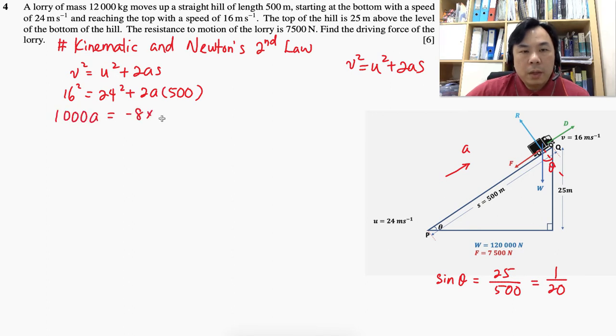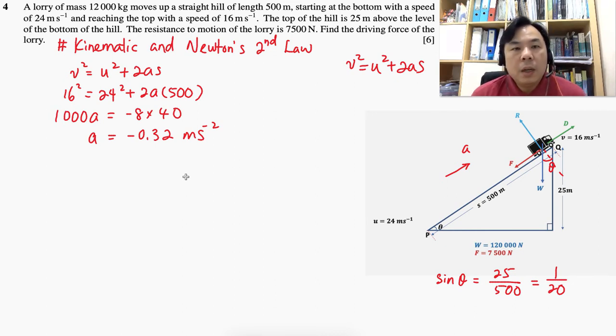I get by 40. Okay. So therefore, my acceleration in this case is negative 0.32 meter per second square. All right. So I hope that is clear. That's how we get the acceleration. Okay, we are done. That's the first start up.